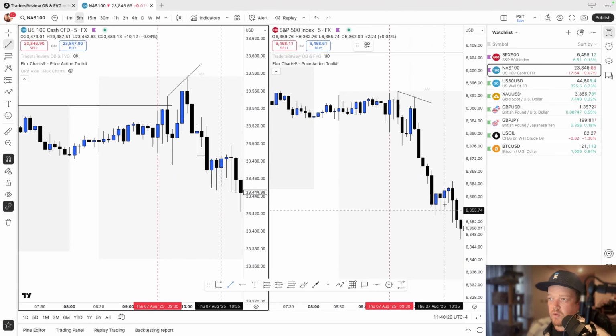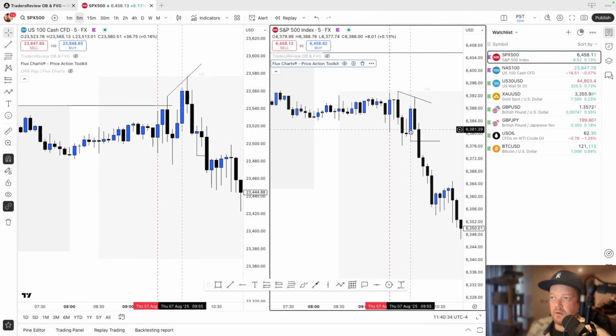So the S&P was pushing down. Nasdaq hasn't pushed down. Here we already had a break of structure on the S&P at 5 minutes past 10. At 5 minutes past 10, we were still right over here. The S&P already broke structure right over here.